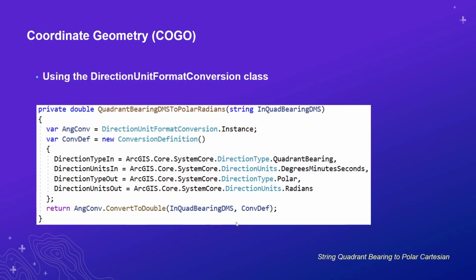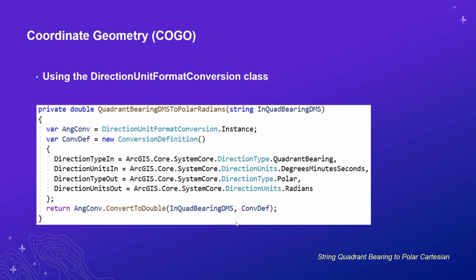So here's a function. It uses a direction unit format conversion class, and you create an instance of that. And then you define the direction in type, and then the direction in units, in this case quadrant bearing and degrees minutes seconds, and then you define the direction type out and direction units out, in this particular case, polar and radians.